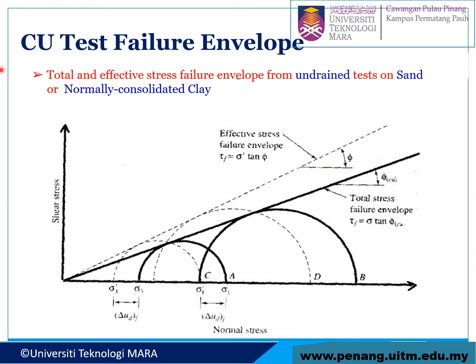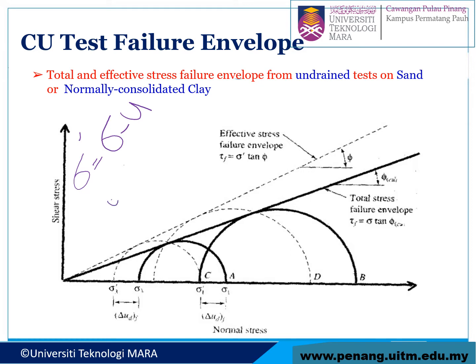So this one is sigma 3 and sigma 3 prime. This is actually how to determine the U value. We have sigma 3 prime and sigma d. Effective stress sigma prime is equal to sigma minus U. So sigma 3 minus U is equal to sigma 3 prime.